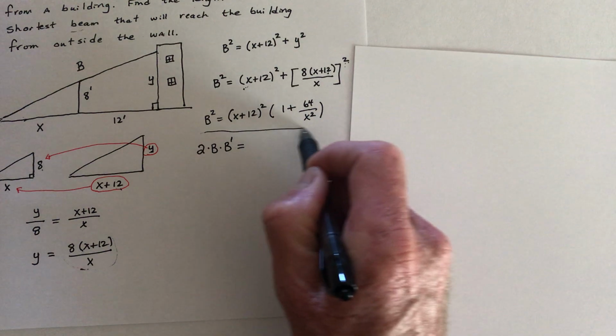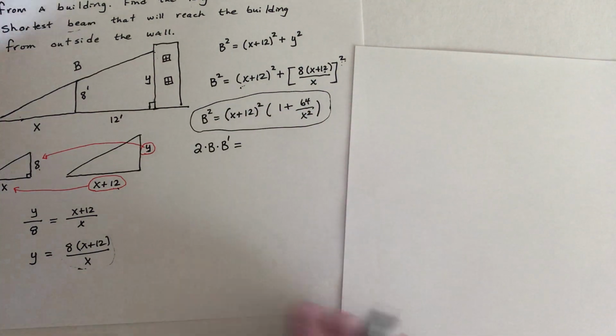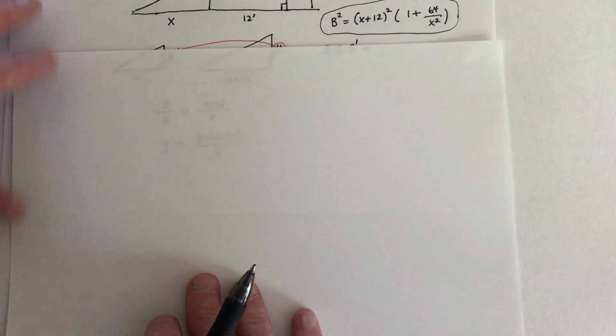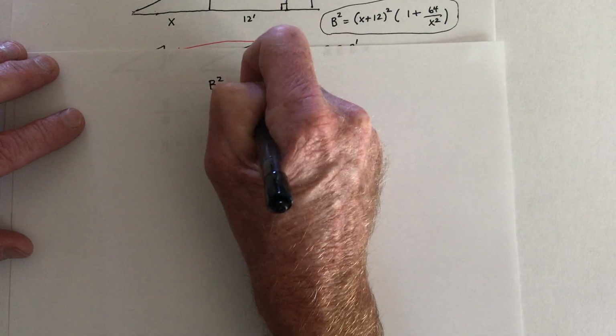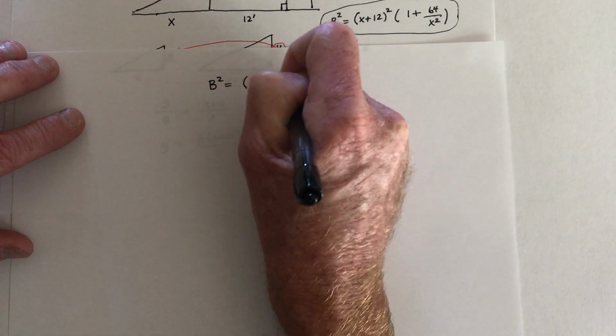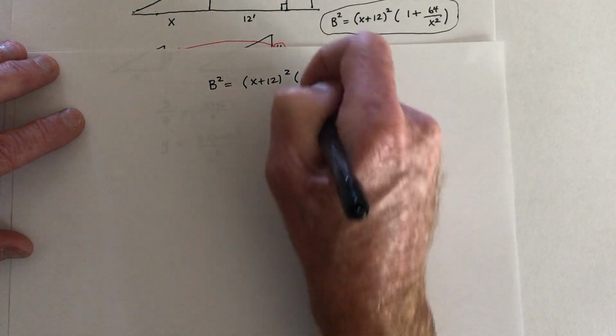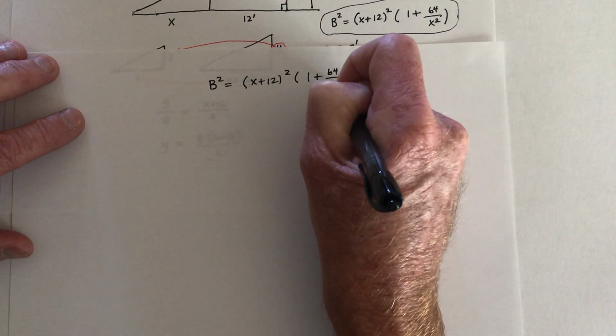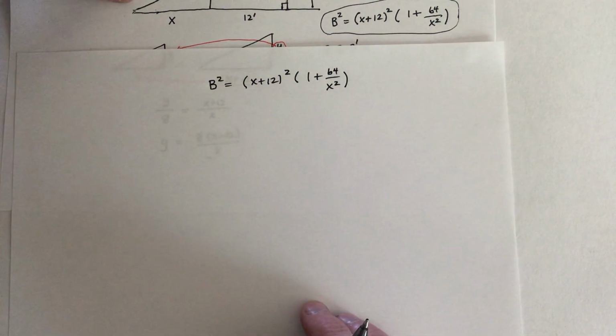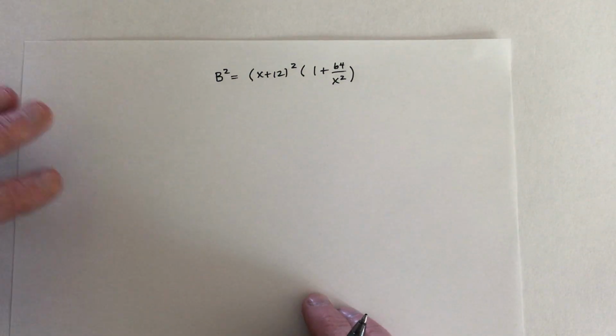So I'm going to transfer this over because I'm running out of room, and then take the derivative. So I have b squared equals x plus 12 squared, times 1 plus 64 over x squared. All right, so that's what I'm going to take the derivative of.